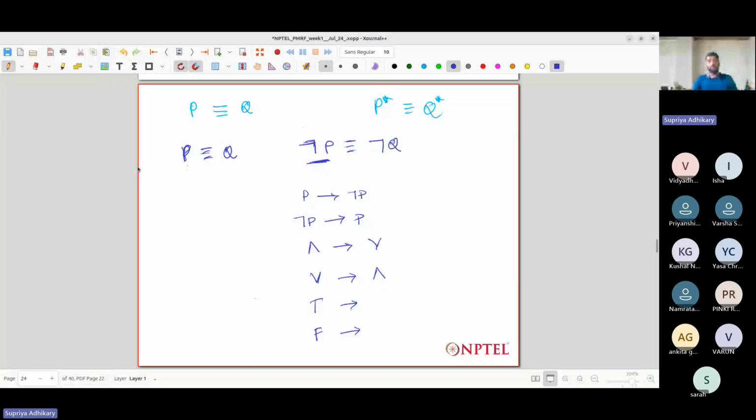So this is not something that we're doing by Google or something, but rather we're just using this De Morgan's law to convert all this. All of these are property.